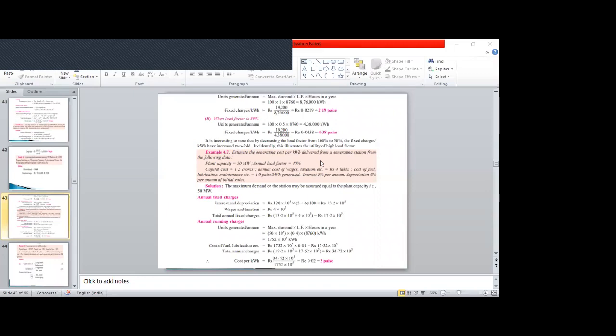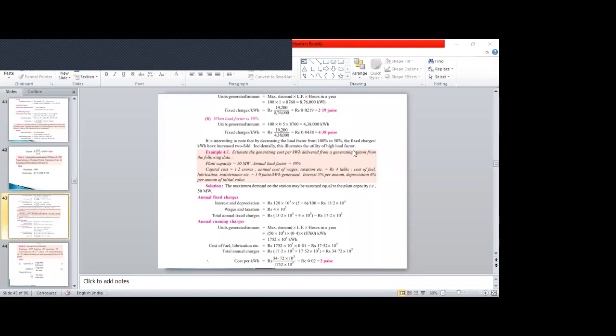Annual load factor equal to 40%. Then total capital cost of the plant is 1.2 crores. Then annual cost of wages, taxation, etc. is equal to rupees 4 lakhs.